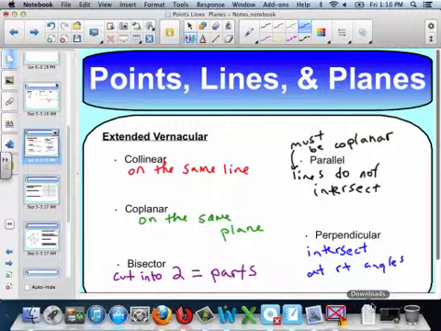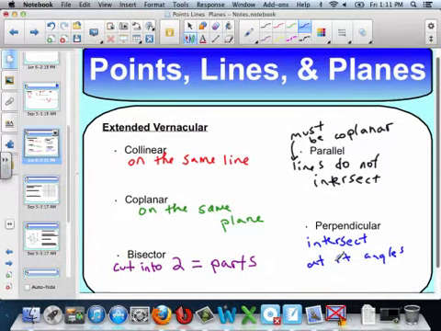What do we call this point right here? The midpoint. So a perpendicular bisector goes through the midpoint at a right angle. These are just some really basic terms that we need to go over. So what's that called? A perpendicular bisector. And we know that it's a bisector because these two lengths are equal, and those tick marks mean those lengths are equal.